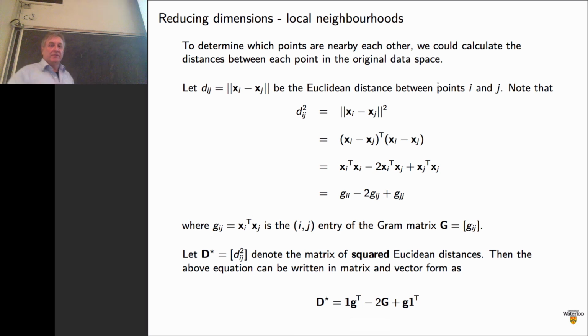And that is thinking about the distance. So again, think about the Euclidean distance between any pair of points in, let's say, the original space.